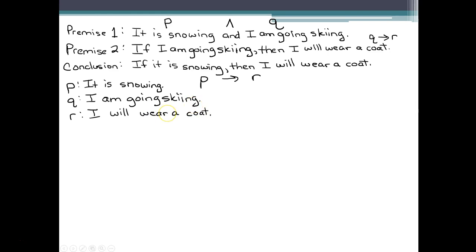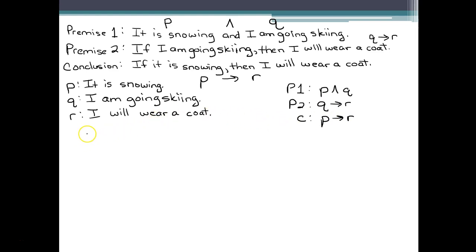Okay, so if P is it is snowing, Q is I am going skiing, R is I will wear a coat, we have our premise 1 was the P and Q. Premise 2 is the if Q then R. Conclusion is if P then R.